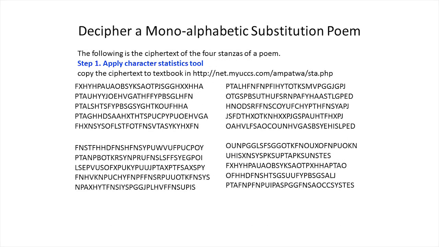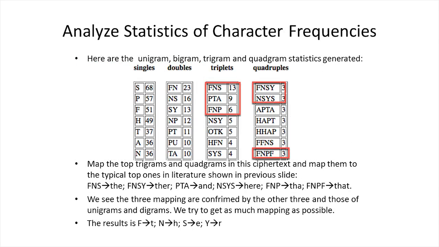Let's now apply the four steps of cryptanalysis on the ciphertext of four stanzas of a famous poem. Step 1, we copy the ciphertext into the text box of a tool created by Padua at the URL http://net.myuccs.com/mtawa/sta.php.